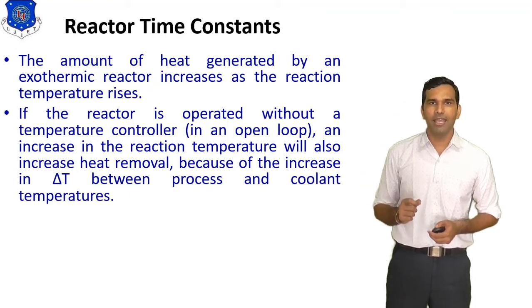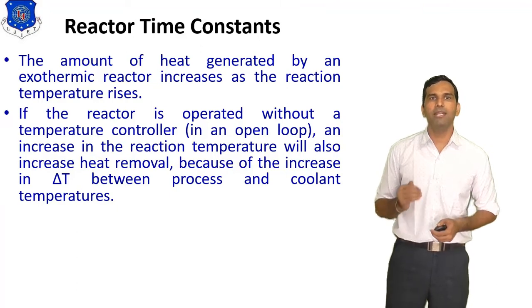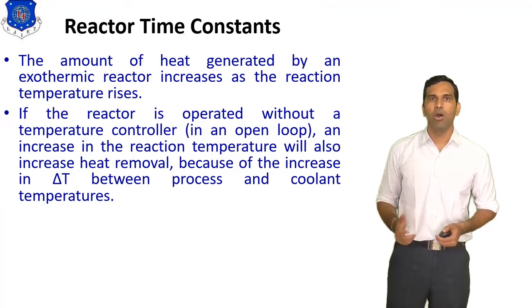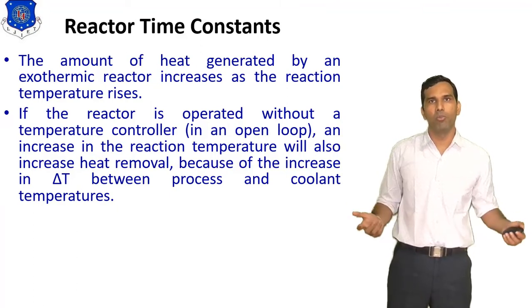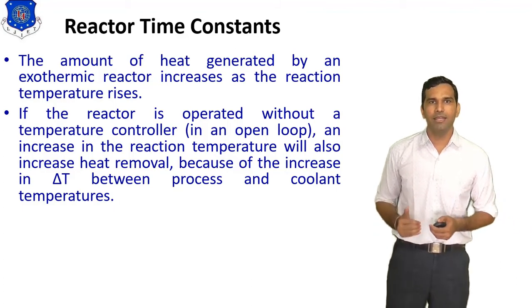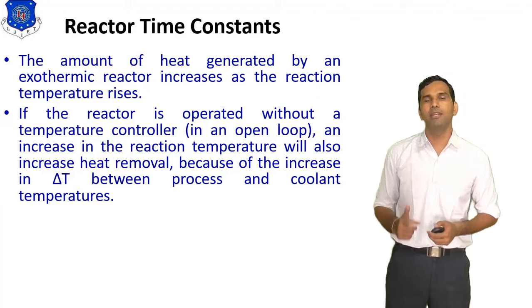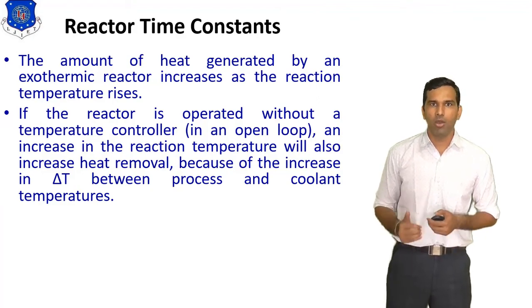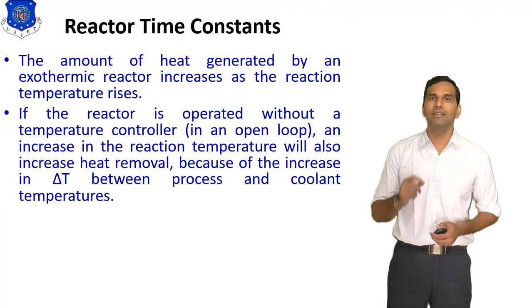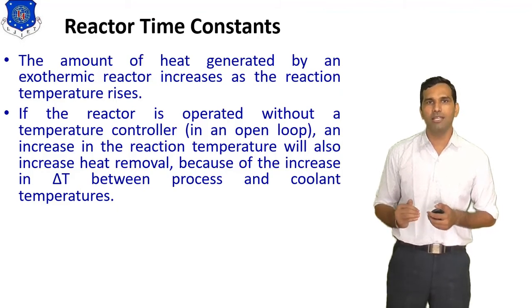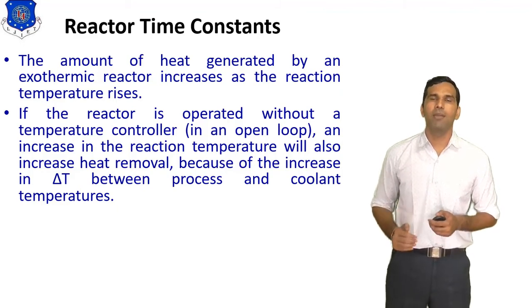If the reactor is operated without a temperature controller, or we can say in open loop, an increase in the reaction temperature will also increase heat removal because of the increase in the delta T between the process and coolant temperature.